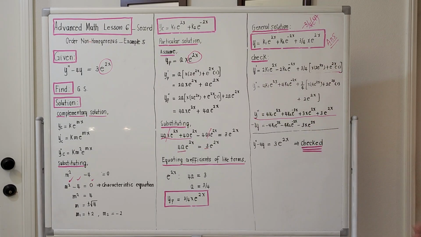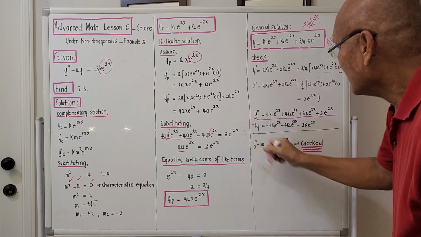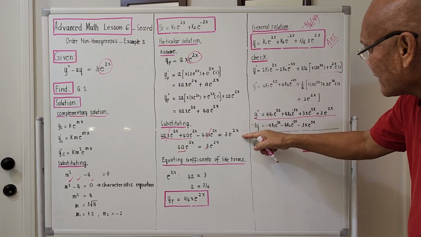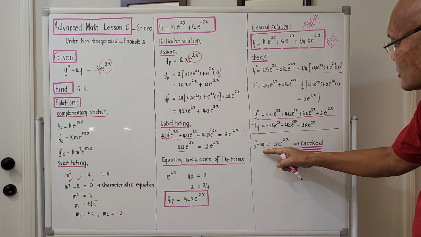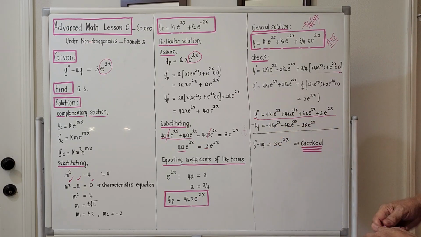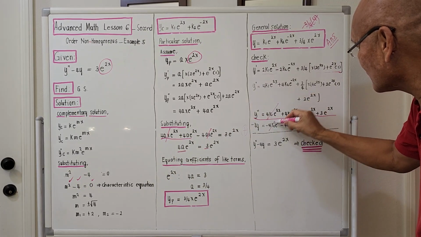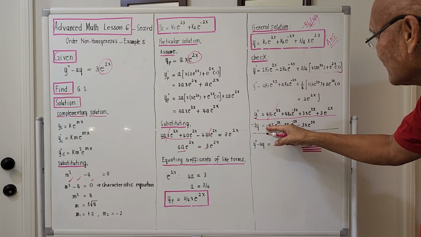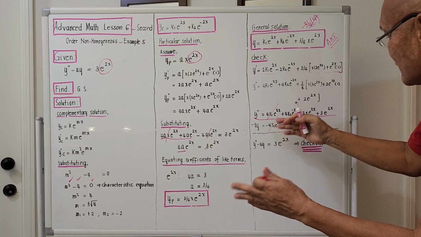And to check the validity of our answer, we'll add, the operation is addition, right? Y prime plus open quantity negative 4y, it will be y prime minus 4y. This term here is similar to this, it will cancel out. This negative, this plus. K1 e to the 2x, K1 e to the 2x, they are similar.